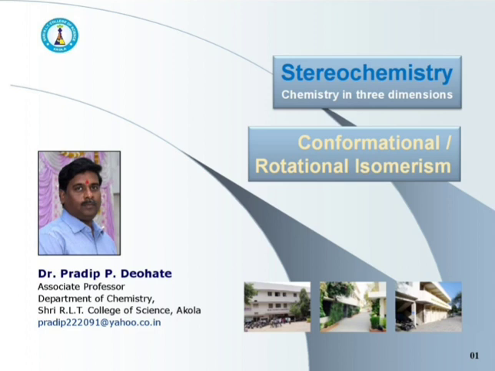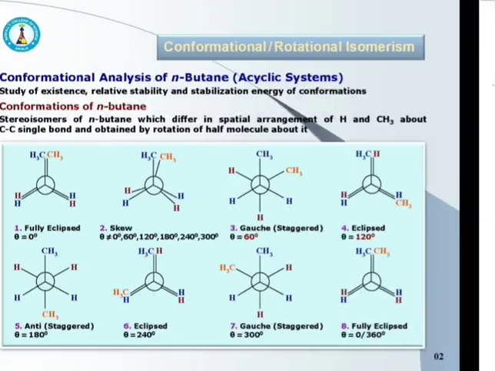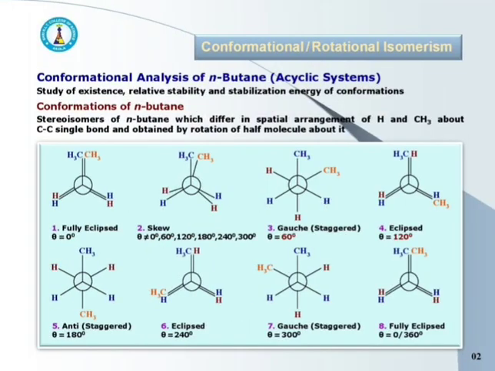This is another lecture on conformational or rotational isomerism, more specifically relating to the conformational analysis of n-butane. N-butane belongs to an acyclic system, and here I am going to discuss its conformational analysis.